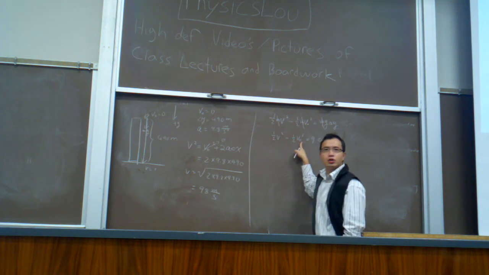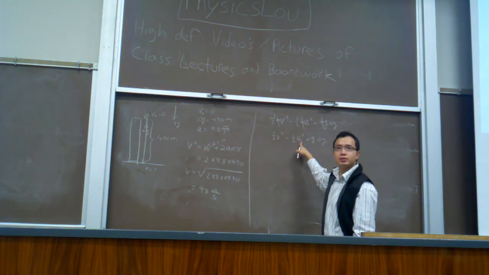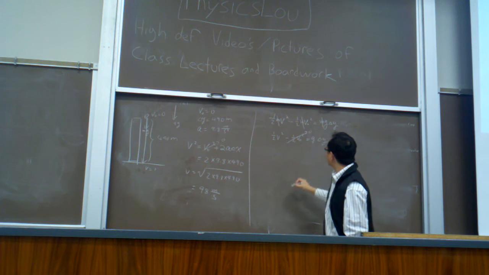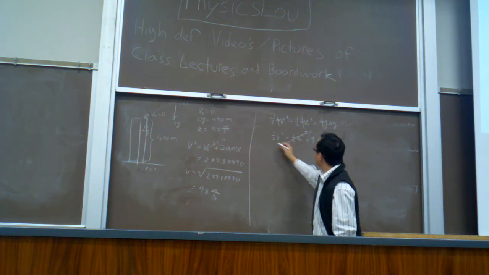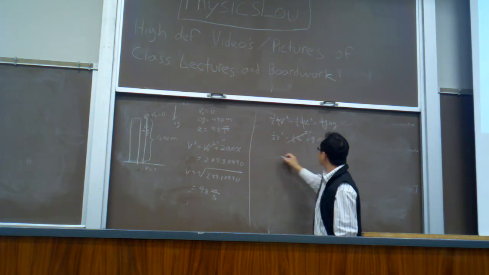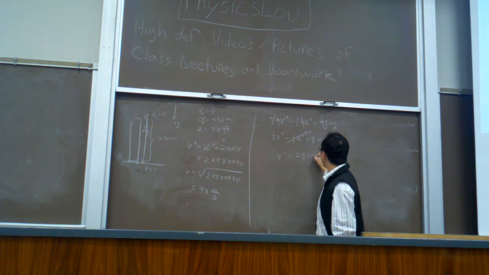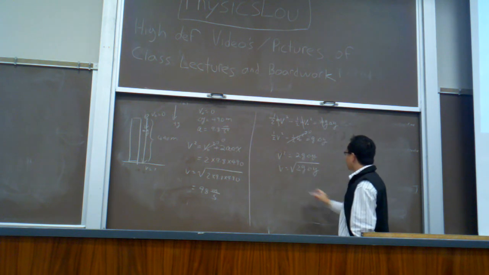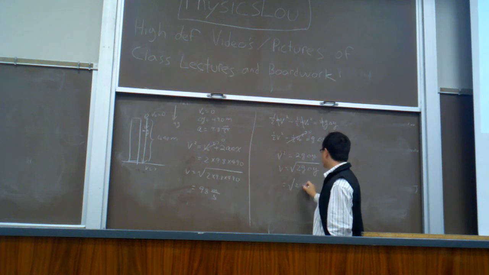V naught equals 0, right? So this term goes to 0. So you get 1/2 v squared equals g delta y. V squared equals 2g delta y, and v equals the square root of 2g delta y. And you can check that this will give you the same answer here.